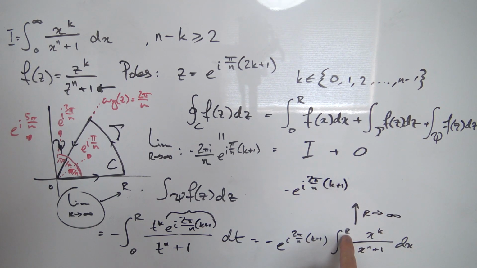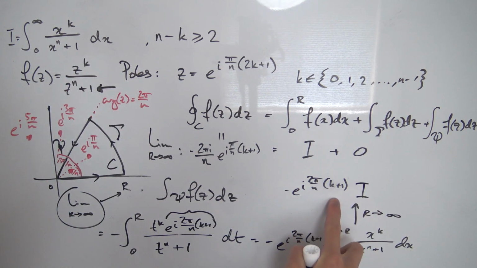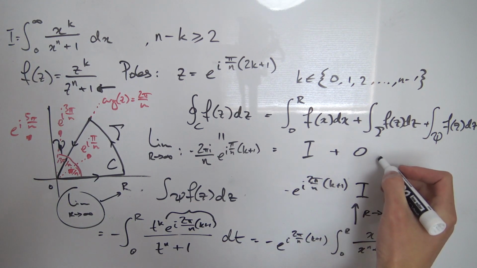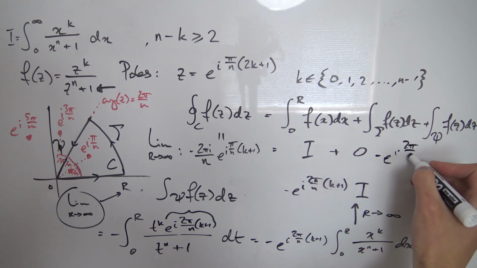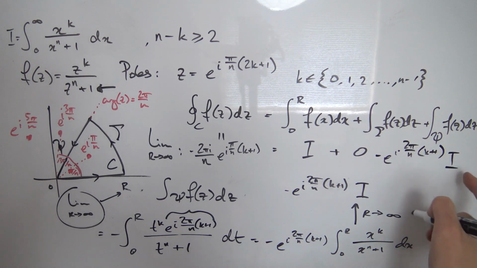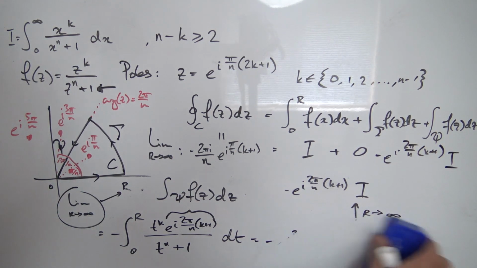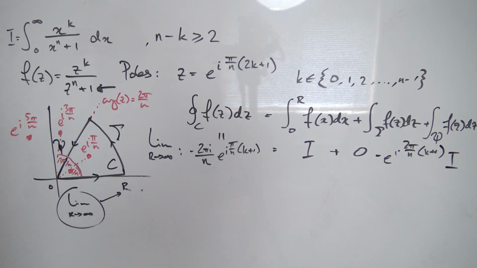And then if this r turns into infinity, then we just have our integral. So this is just some kind of complex number times our integral. So this integral contributes a negative e to the i 2 pi over n times k plus 1 to our contour, and times I as well. Alright, that's quite nice. We've done quite a bit of work, and now it's time to put everything together because we've evaluated all of our integrals.